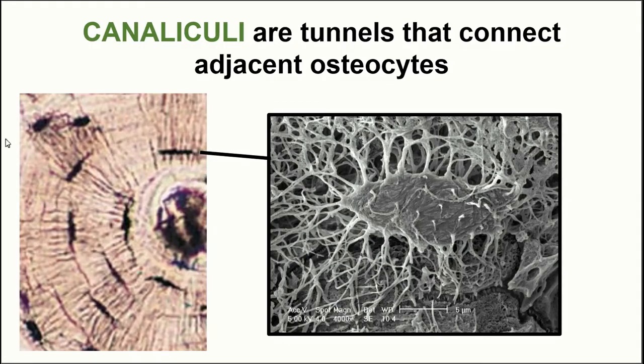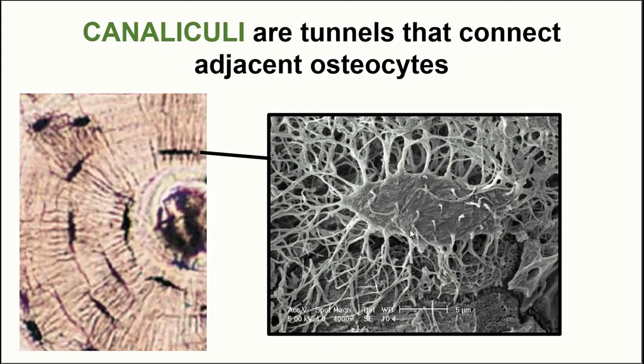And the reason they have this structure is that the osteocytes that reside in those lacunae have small, bristle-like extensions. These extensions help connect this osteocyte to adjacent osteocytes. So really the canaliculi are small channels that house these cellular extensions off of our osteocytes.